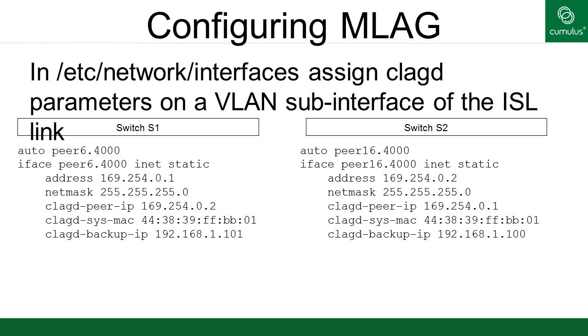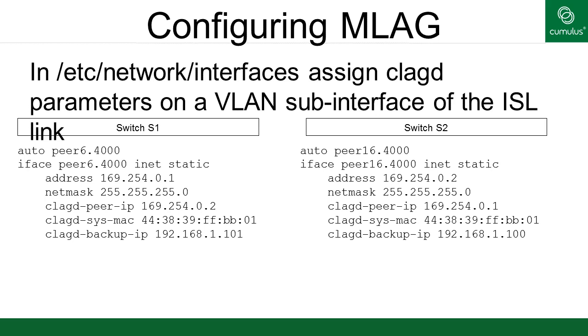Cumulus has reserved the 64K addresses for use in MLAG. So you can be guaranteed that any address that starts with 44:38:39:FF will not be programmed into any vendor equipment anywhere in the world. The third thing you can optionally specify here is the backup IP address.